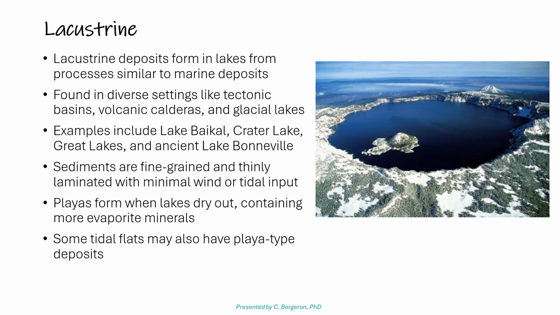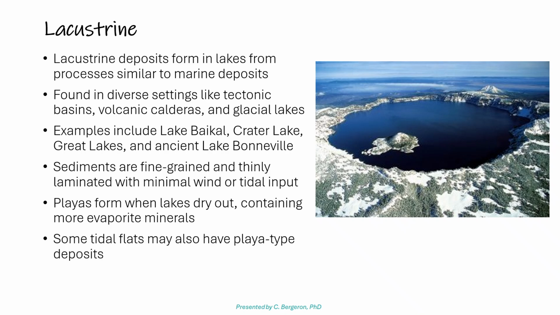Lake systems and the deposits associated with lake systems are called lacustrine. Some lacustrine systems can be similar to marine deposits. Lacustrine deposits are found in lakes in a wide variety of locations because lakes can form for a wide variety of reasons.